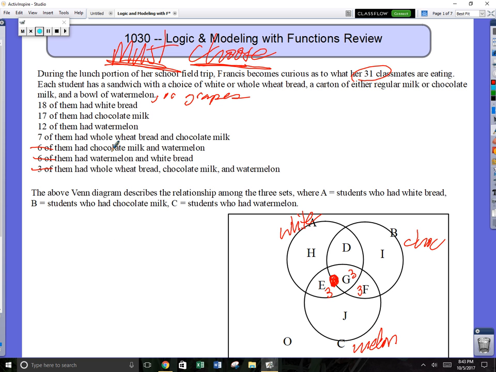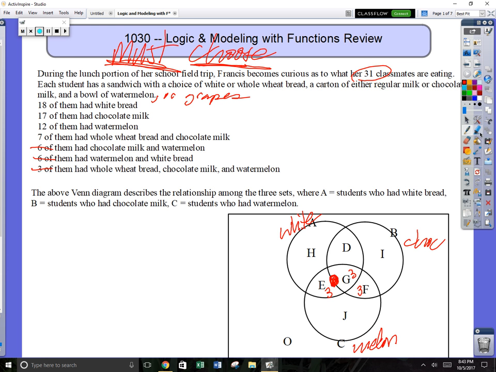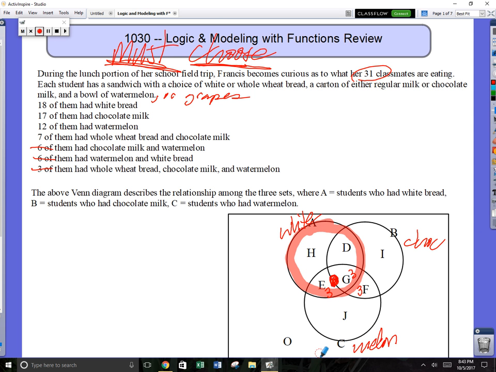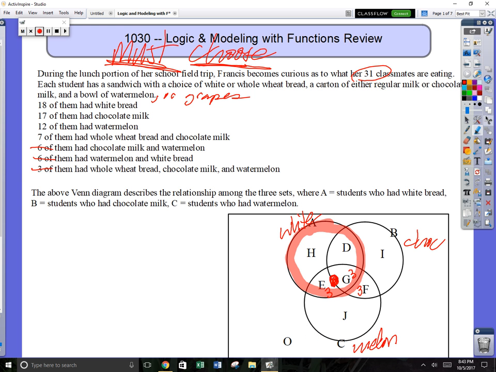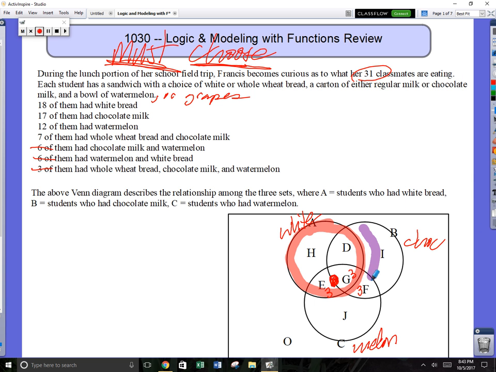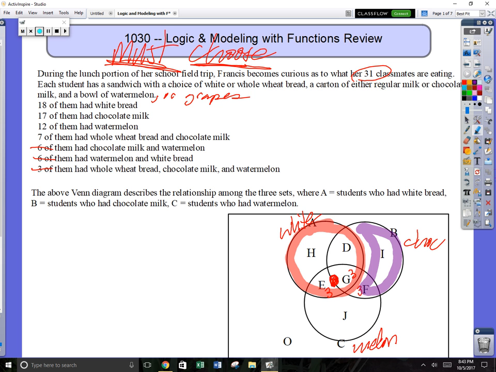So 7 of them had whole wheat bread and chocolate milk. So they cannot live in the white bread circle. They have to live in the chocolate milk circle, so I or F have to sum to give me 7.